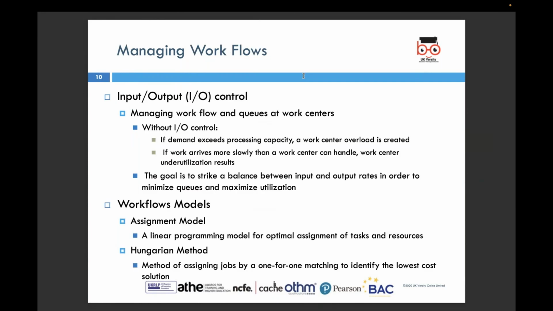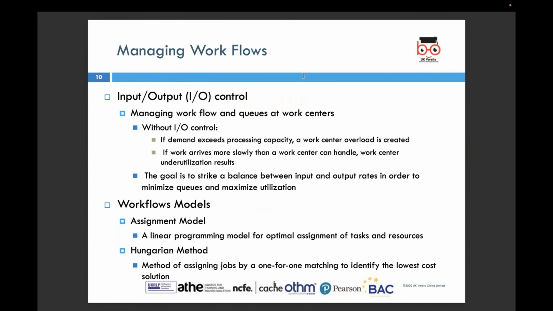Next one is managing workflows: input and output control. Managing workflow and queues at work centers without input or output control, if demand exceeds processing capacity, a work center overload is created.